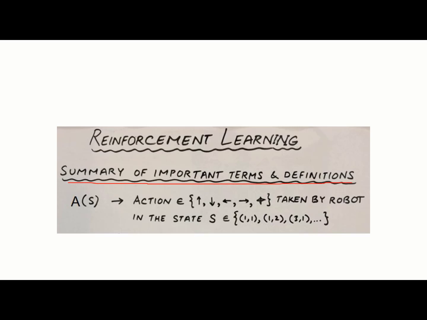So A(S) describes the action, and in this particular example there are 5 types of action that a robot can take in a state S, and the states are basically defined by the grid cells. So the robot can be in any grid cell at any time except for the obstacle grid cell and the terminal cells of the terminal states. And A(S) describes the possible actions that a robot can take.